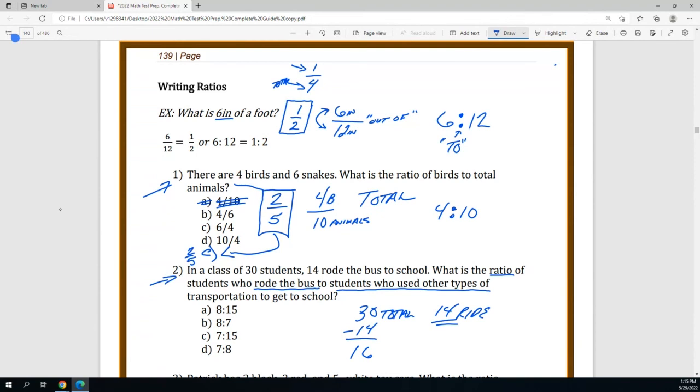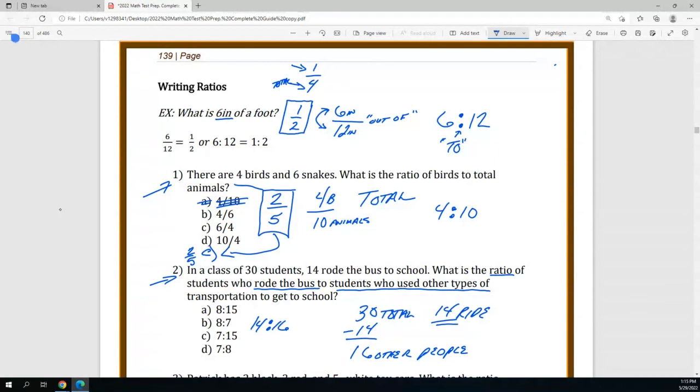So there are 16 other people, and these other people definitely do something other than ride the bus. Now, they're asking you to build a ratio of people who ride the bus compared to the other people. Well, that would be 14 to 16.